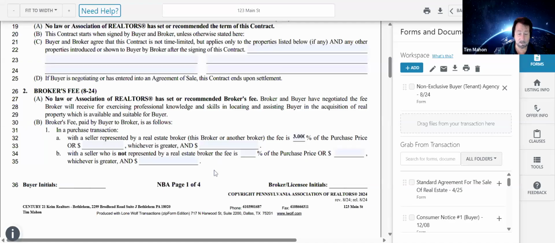I never need to do that. And if they're only paying 2.5, I can accept that commission as 2.5. What I can't do is, if I put 2.5 here and a seller is offering a 3% commission, I am not allowed to accept that other half percent commission.